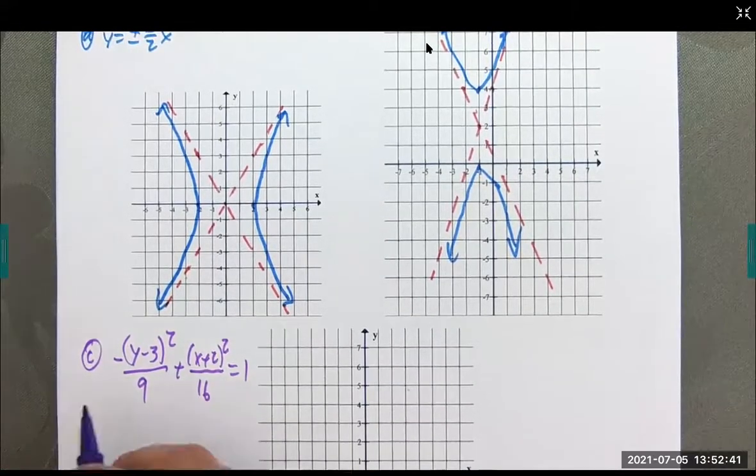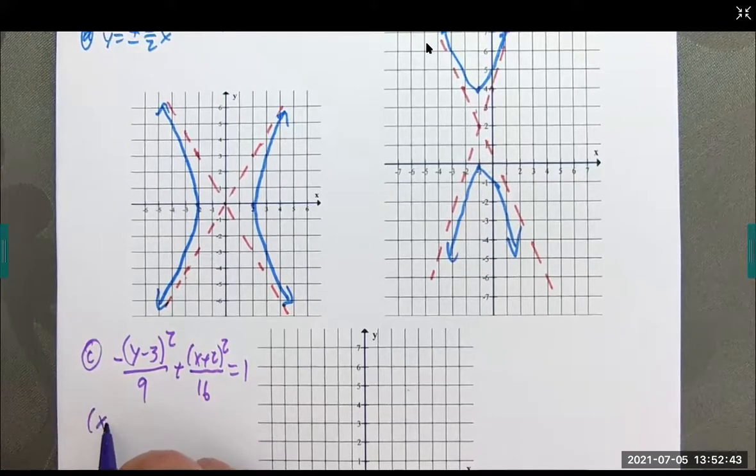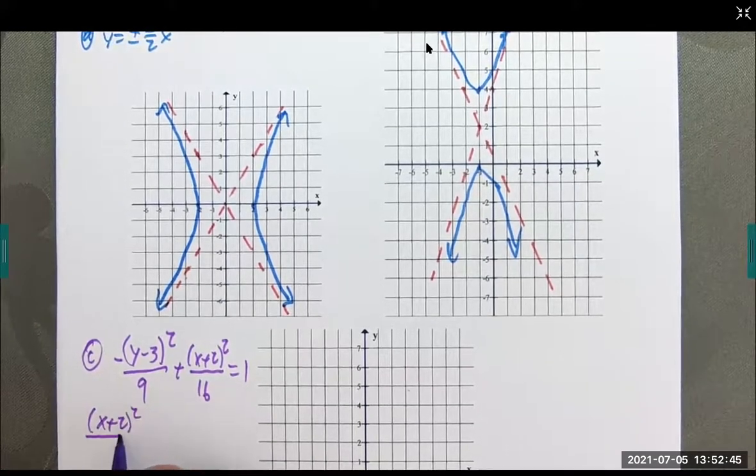And more accurately, I'm going to rewrite it so we can clearly see this is going to have a horizontal transverse.